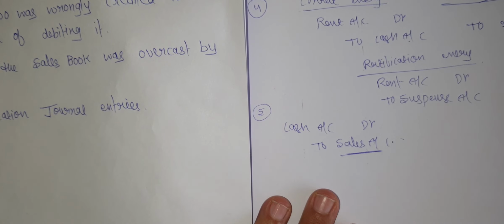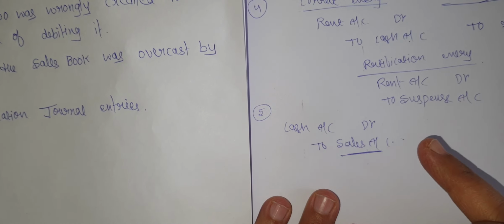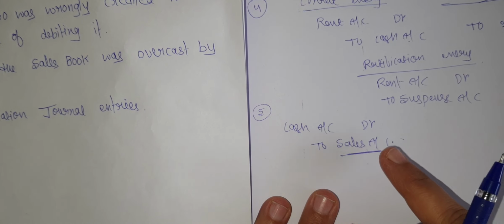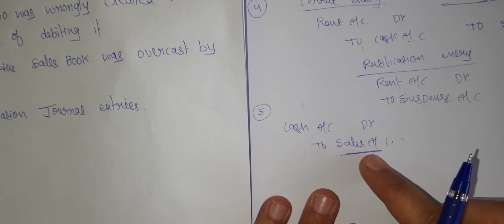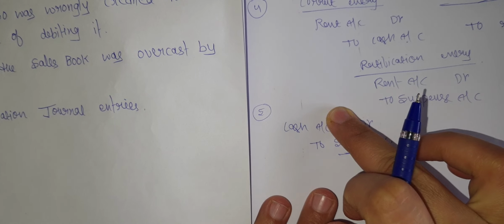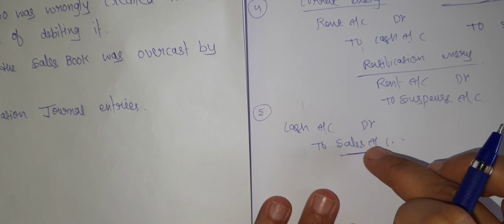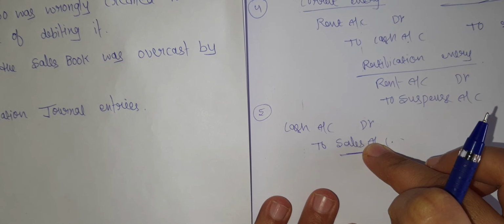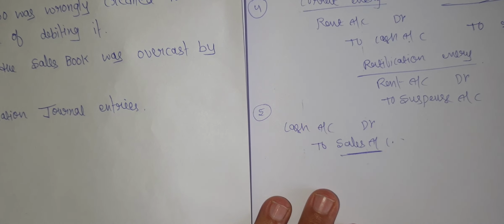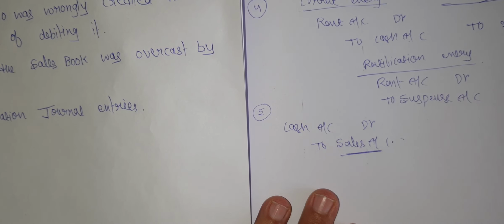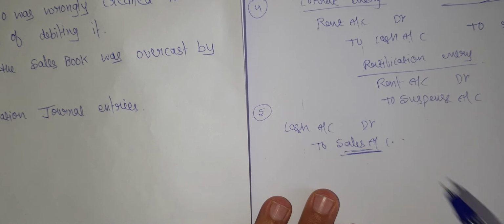Here the sales book was overcast by rupees 6,000, so we need to send this account to the other side. We have to debit the sales account and credit the suspense account. That's it. In the case of undercast or overcast, the suspense account will come. This is the case of overcast.